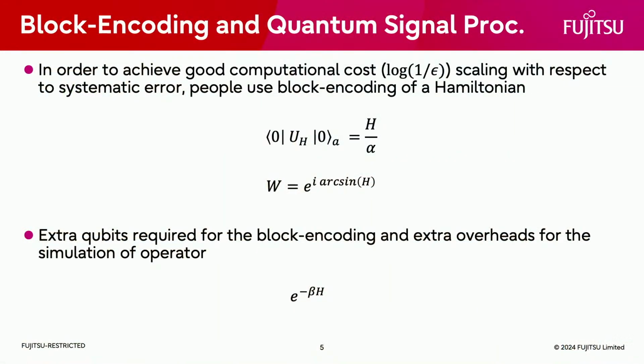So one other detail that you will have to take care of in this kind of problem is the encoding of the physical system. Typically, the state-of-the-art methods require you to do what's called a block encoding.